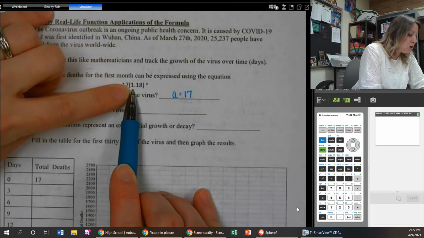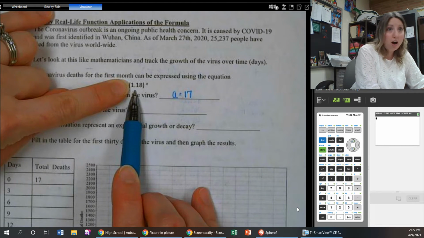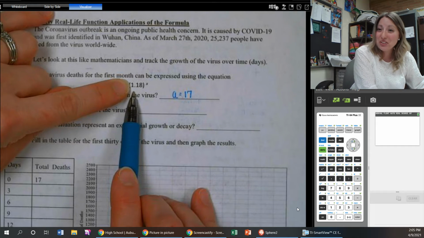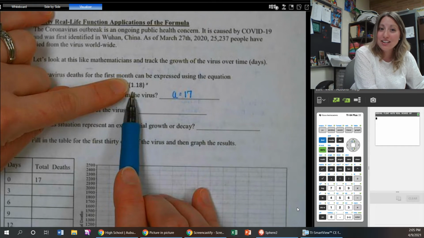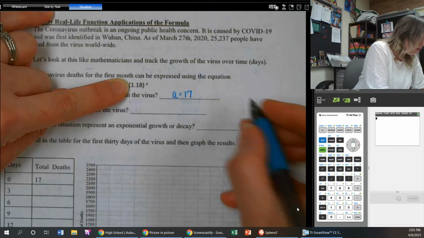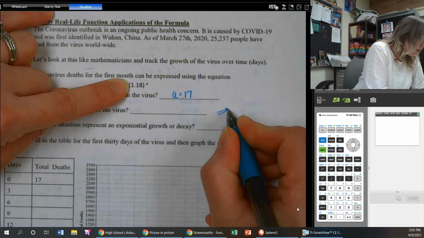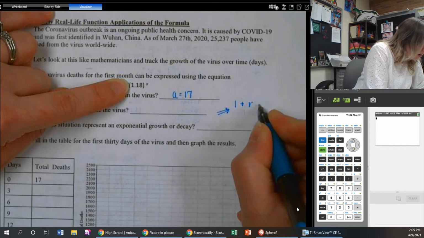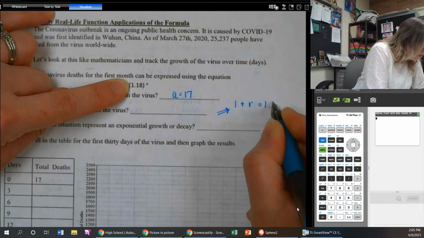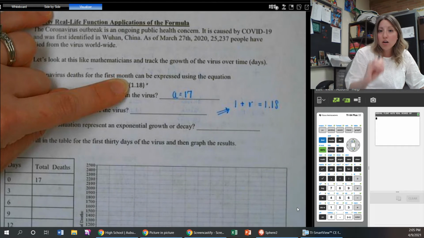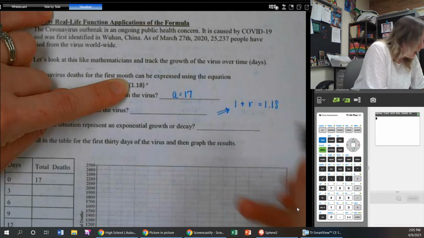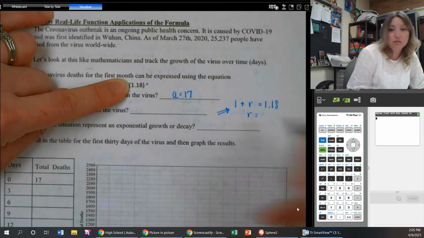In this case, we know this is a growth function because A, we're living it, and B, this is a base value over 1. So that means that what you had is 1 plus a rate equaling 1.18. So all I need to do to figure out the rate is subtract 1 from each side, and that will leave me with the rate.